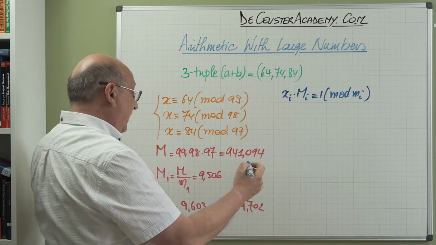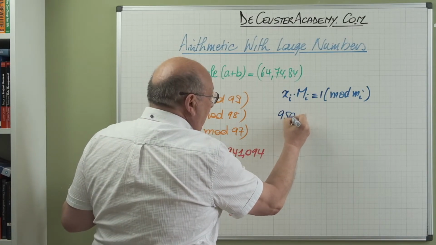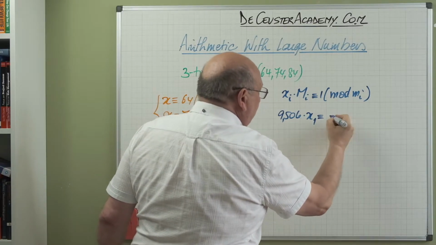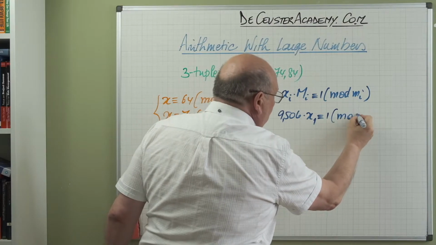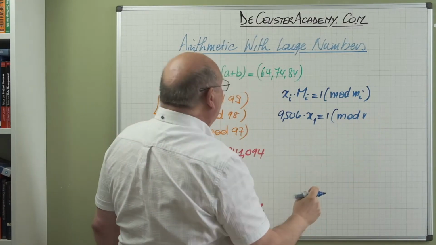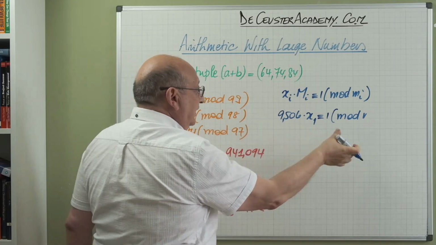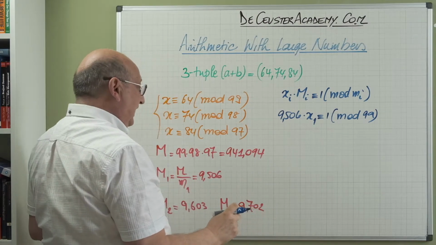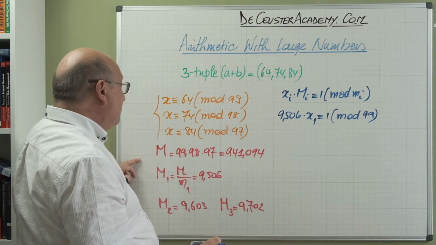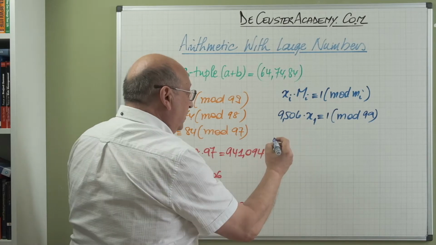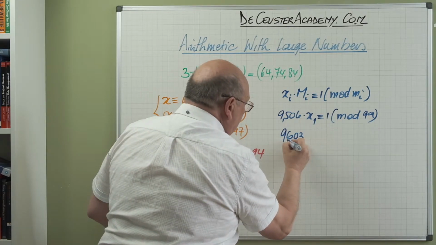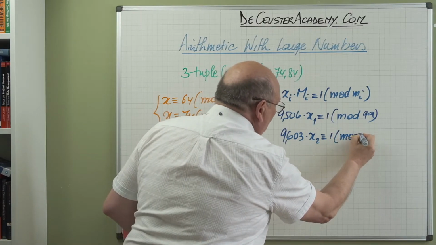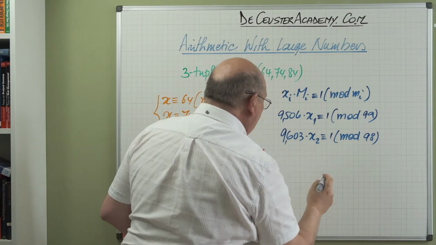So we have 9,506 times x1 is congruent with 1 modulus 99. Then the second one, 9,603 times x2 is congruent with 1 modulus 98.